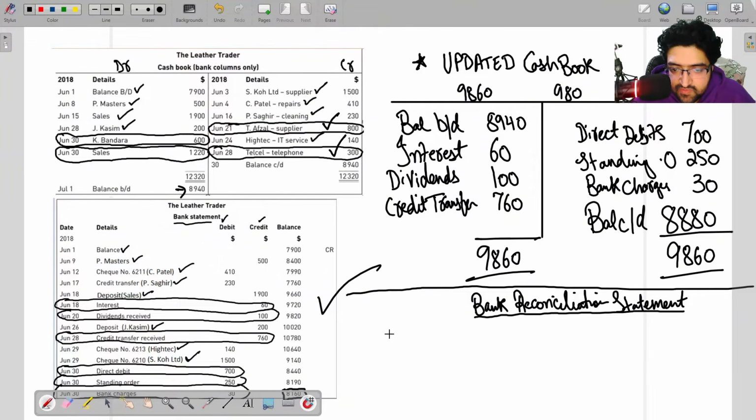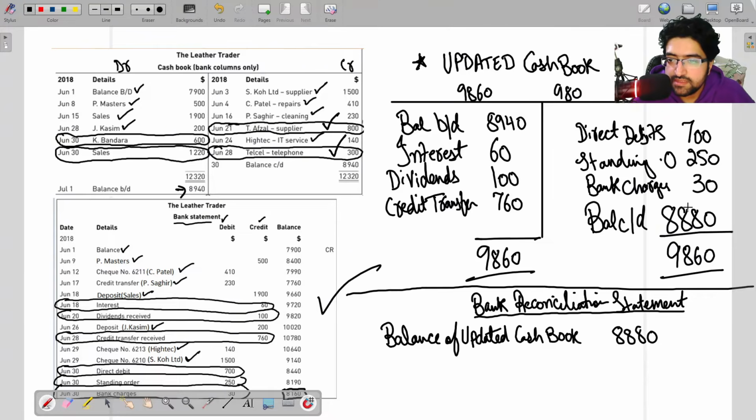So let's begin. We will start with the balance of updated cash book, as I've told you the format, which in this case is how much? 8880. This is what we have found by updating the cash book. Okay?